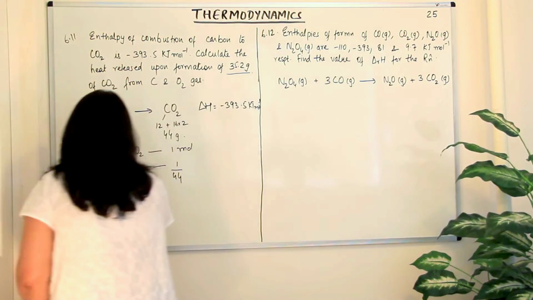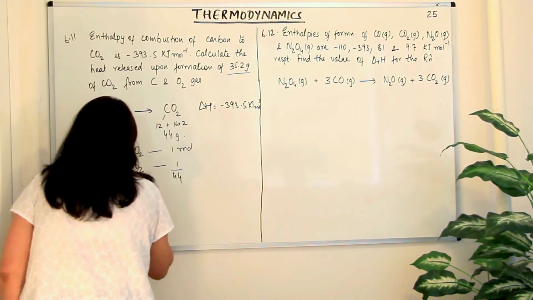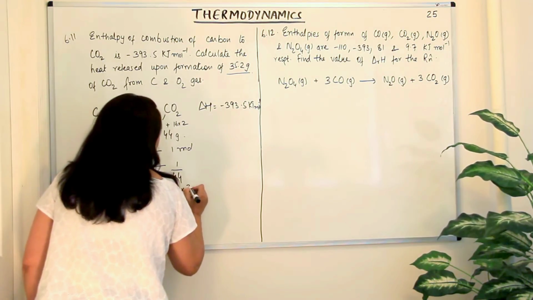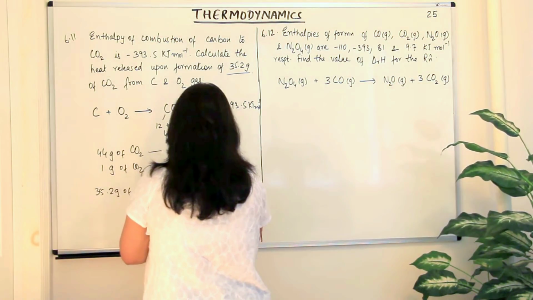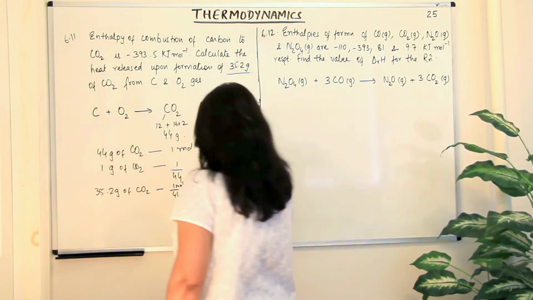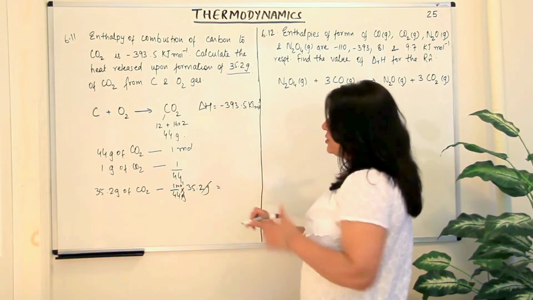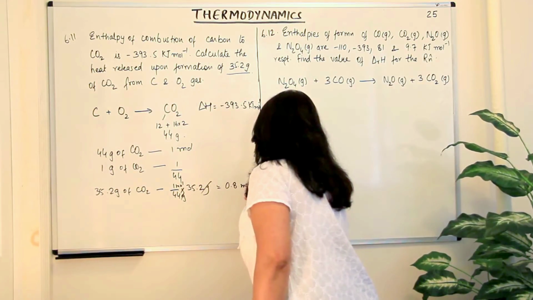And 35.2 grams of carbon dioxide will make how much? It would be 1 upon 44 into 35.2 moles. The grams and grams get cancelled, so you will get your answer in moles. The number of moles would be 0.8 mole.